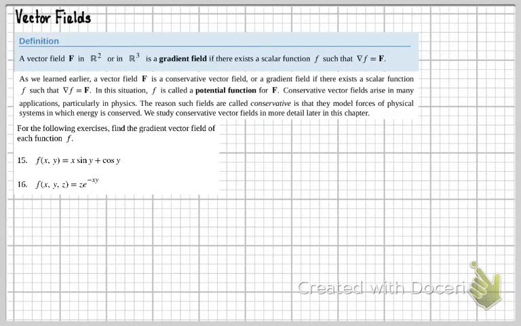A vector field F in R2 or in R3 is a gradient field if there exists a scalar function f such that the gradient of f equals the vector field.